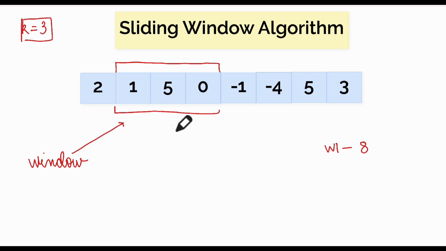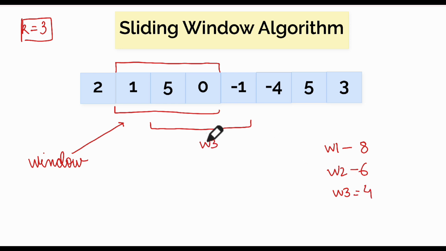Earlier this window was here, now it is here. So what is the window sum in window 2? 5 plus 1, 6, plus 0, that is 6. Now similarly you will keep on iterating till you reach the end point. For window 3 this particular range will be your window 3. What will be the window 3 sum? 5 minus 4, which is 1, plus 1 is equal to 4.